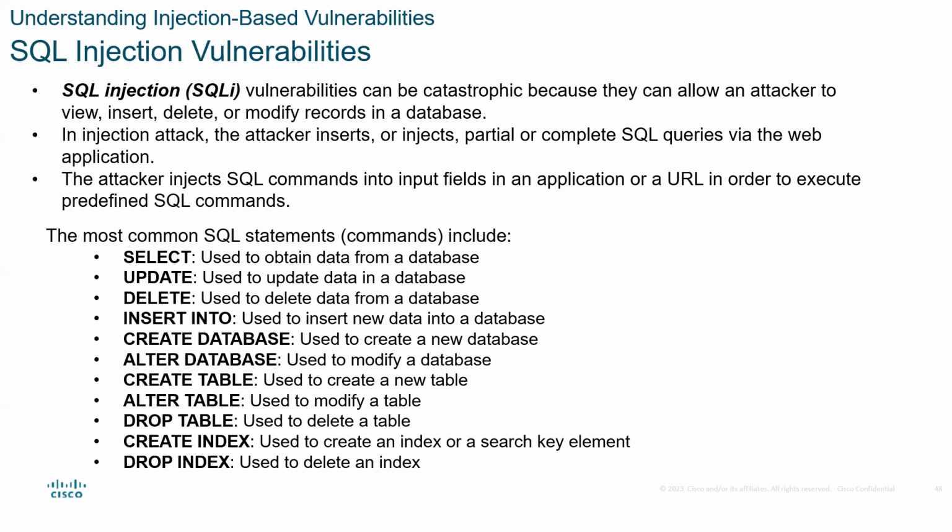Perhaps I went ahead of myself to explain some of those things. SQL injection vulnerabilities can be catastrophic because they can allow an attacker to view your database, insert values into your database, delete some portions of your database, or even modify the records in your database.